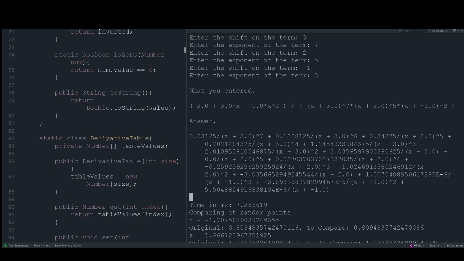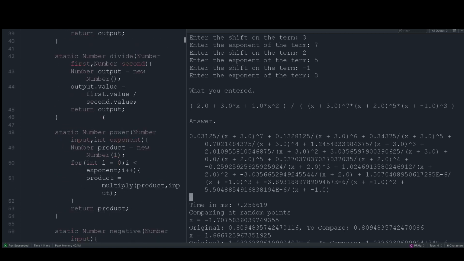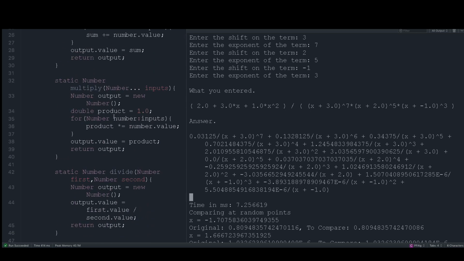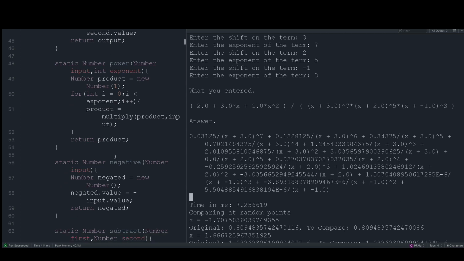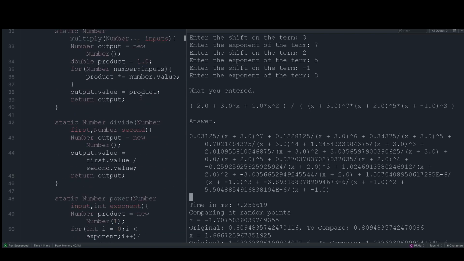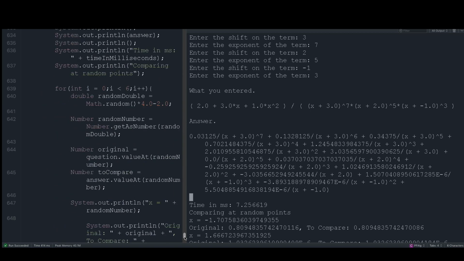But as long as you implement simple arithmetic operations like multiplication, division, addition, subtraction, and powers, it should just work. And so you could rewrite my number class if you wanted to and make this work.